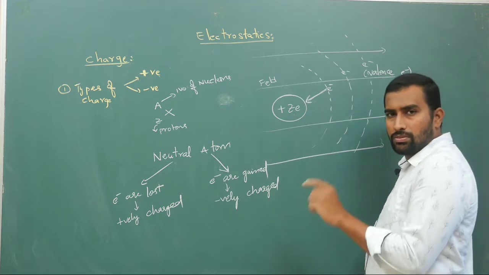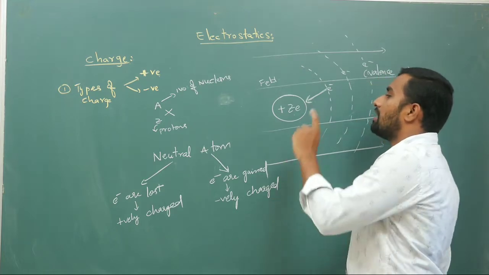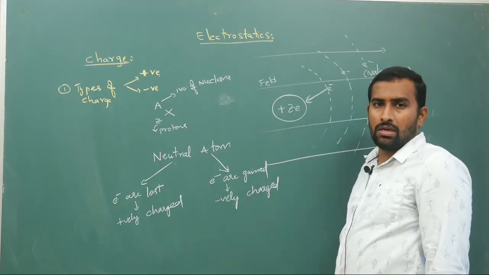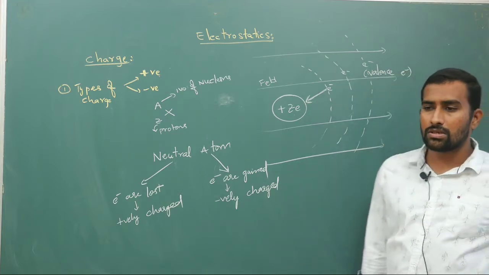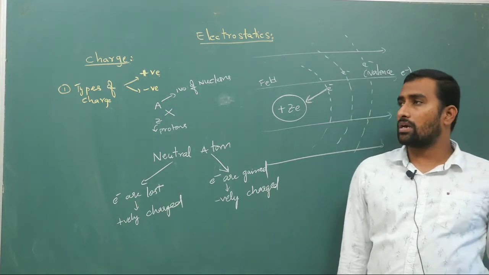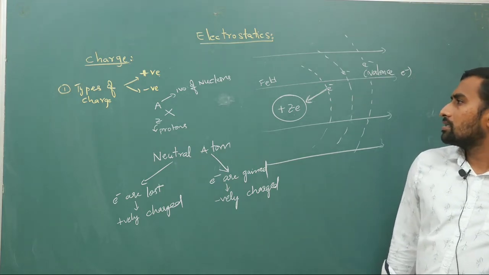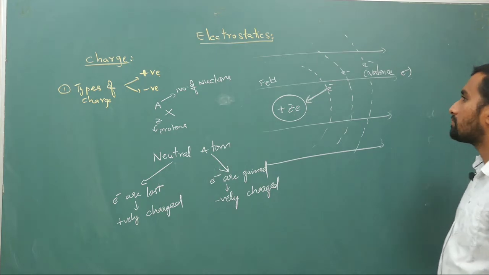And trust me, remember, there is no possibility of removing protons from the nucleus. You can never remove protons from the nucleus, you can only remove electrons. Keep this point in mind.